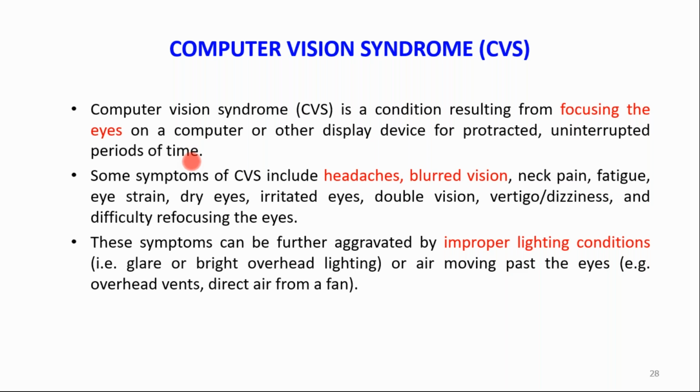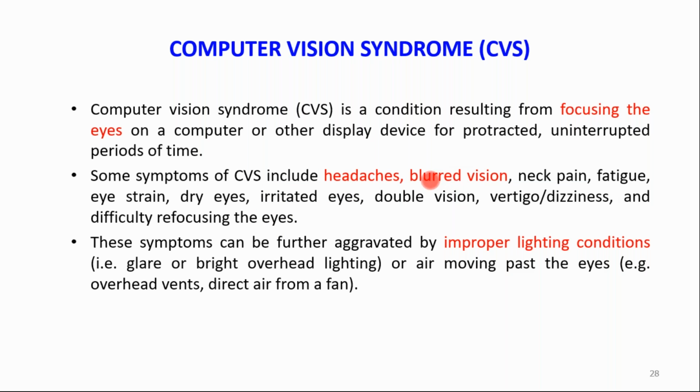Some symptoms of this CVS are headache, blurred vision, neck pain, fatigue, eye strain, dry eyes, irritated eyes, double vision, vertigo or dizziness, and difficulty refocusing the eyes. So these are the different symptoms of the CVS. The main symptoms are headache and blurred vision.